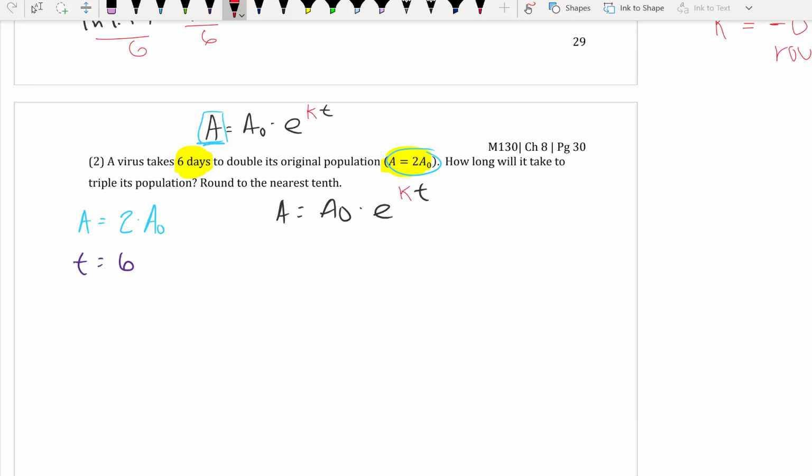So now I can plug everything in. We know that our A value is equal to 2 times the A naught since it was doubled. And our initial value, I don't know what that was, but I do know that my t value here was 6. I still divide by that initial amount, and whatever that initial amount is, it cancels.